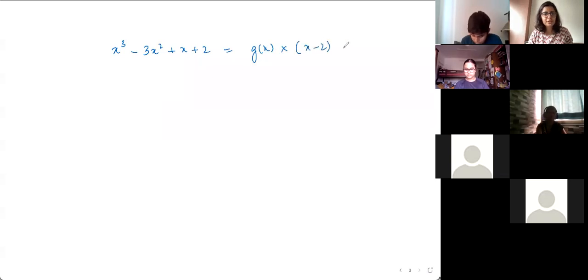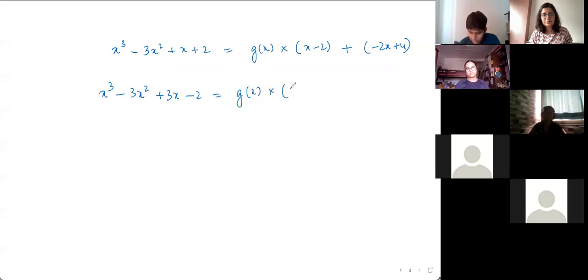X minus 2, plus remainder is minus 2x plus 4. To rearrange it, we get x cubed minus 3x squared plus 3x minus 2 equal to g of x times x minus 2. So do you guys get this in your long division?